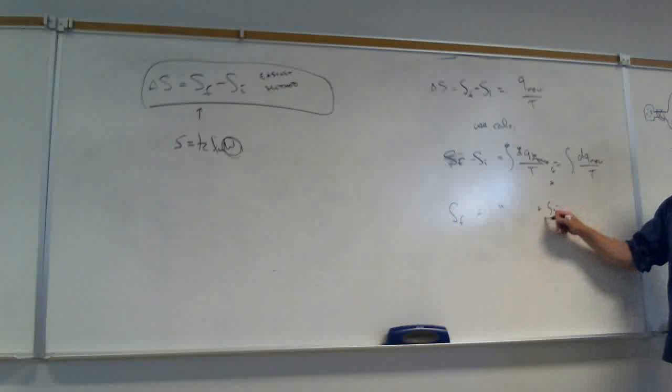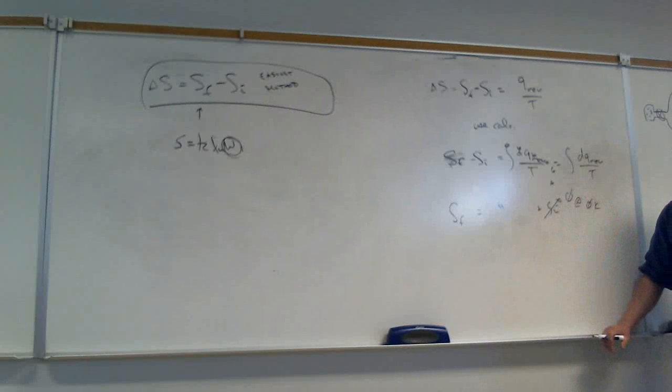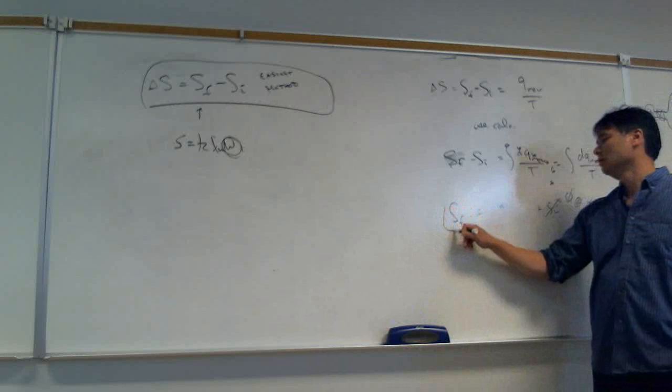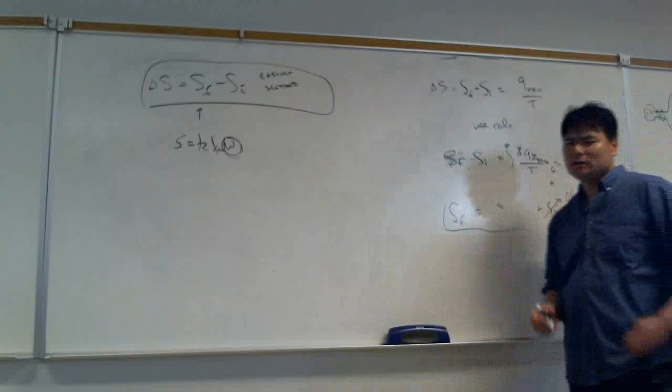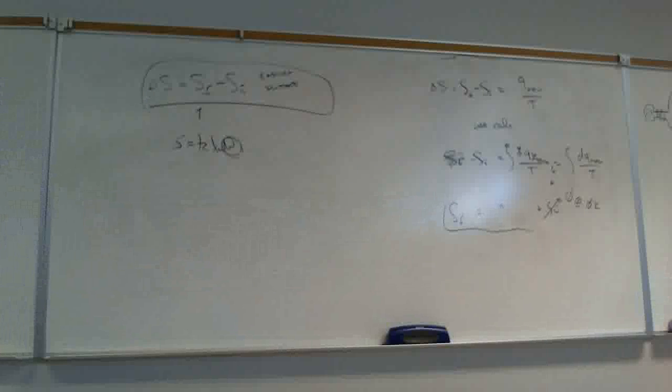Well, if we say the initial entropy were 0 at 0 Kelvin, then we get an equation for this. And so the equation is going to look like this. When we're thinking about delta Q's, you've seen delta Q's before, or you've seen heat.